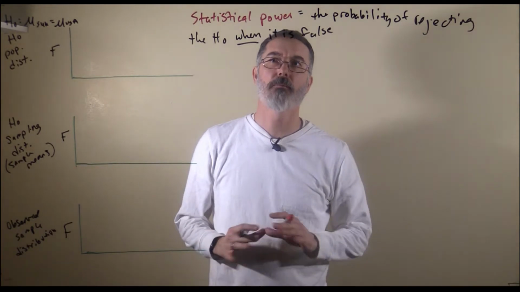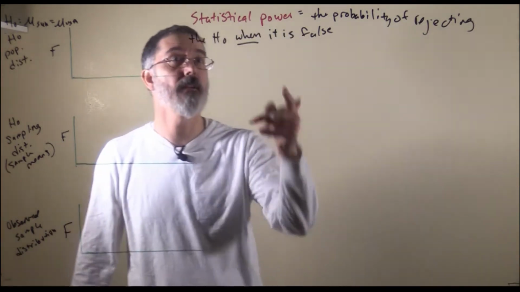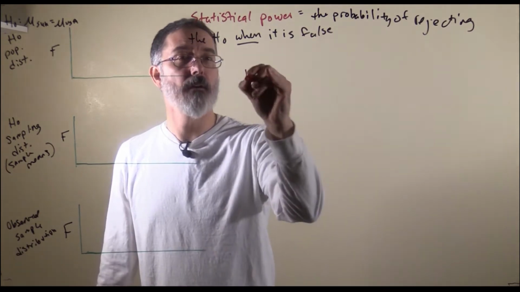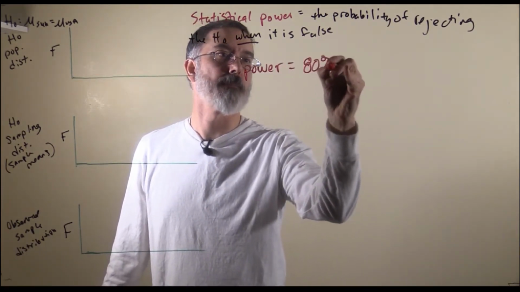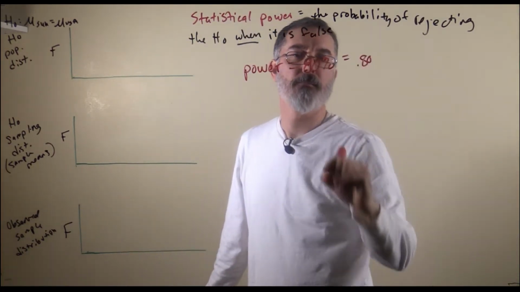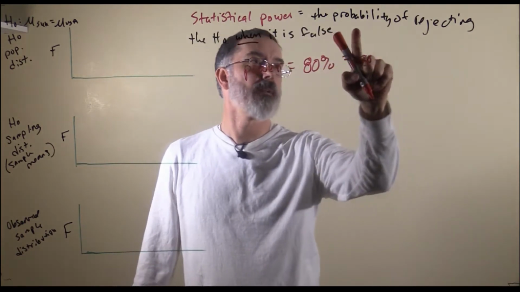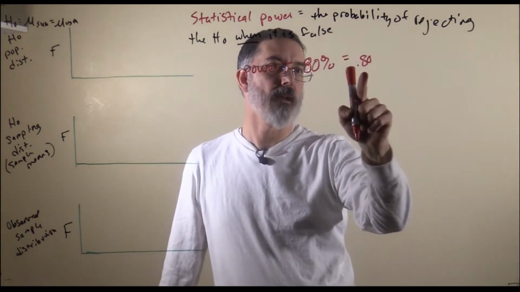So when researchers are planning their studies, what they're hoping to have is a statistical power equal to 80%, or equivalently 0.80. That would mean that the probability of rejecting a null hypothesis when it's false is 80% or 0.80.